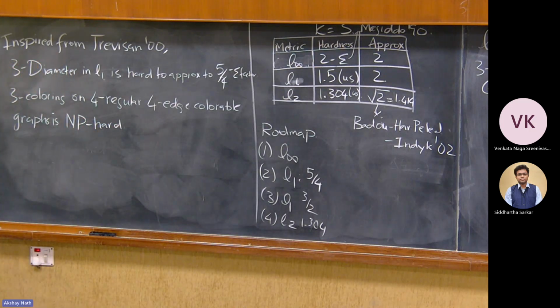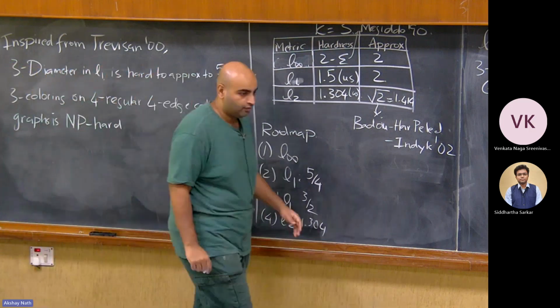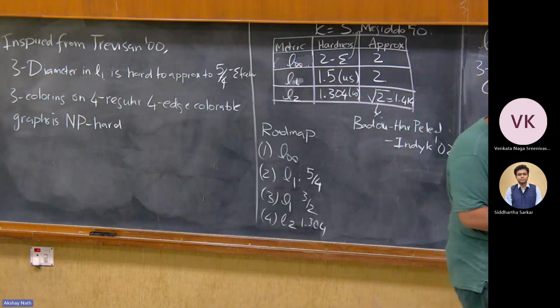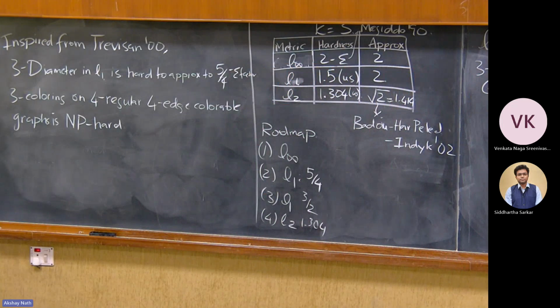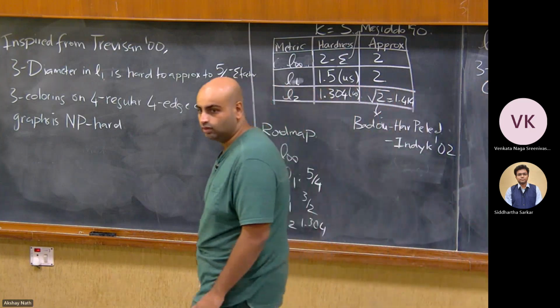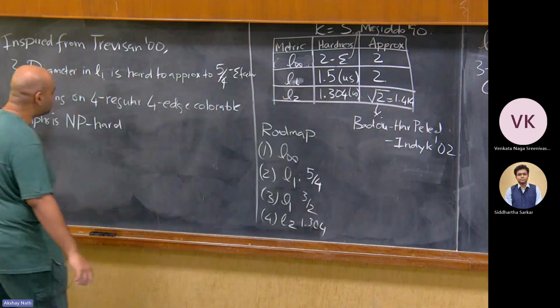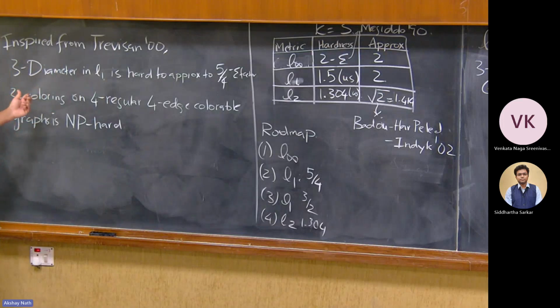So 3 coloring on not only 4-regular, but 4-edge-colorable graphs. In other words, if you only consider the class of those graphs where you can give a color to each edge, using only 4 colors, such that no 2 edges which have a common vertex have the same color, and 3 coloring the vertices of that graph is NP-hard. So this is our starting point.